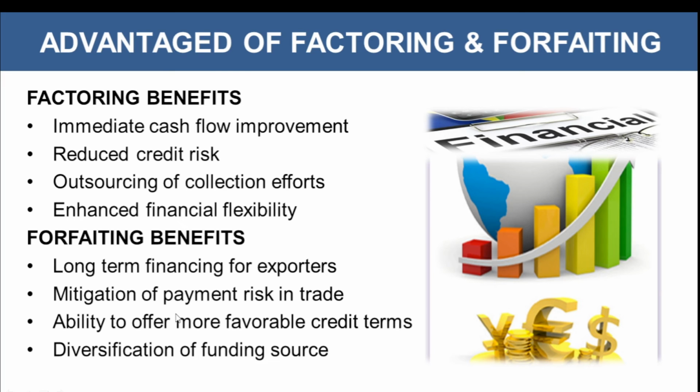Ability to offer more favorable credit terms: only once the cash flow requirement is maintained in the business will the seller be able to provide more favorable credit terms to the buyer to get more business. Diversification of funding source: it is also a kind of diversification provided to the sellers, to the exporters, so they can take this service to get their business requirements fulfilled.